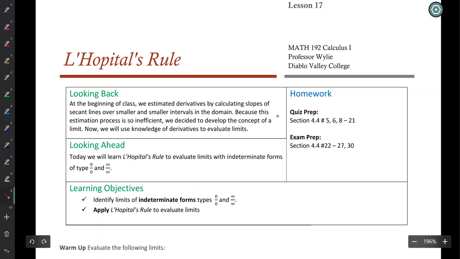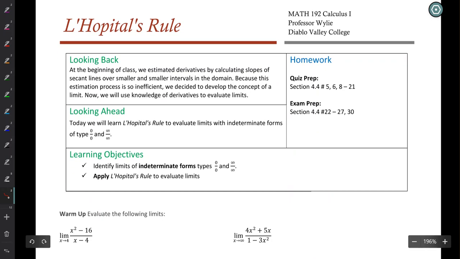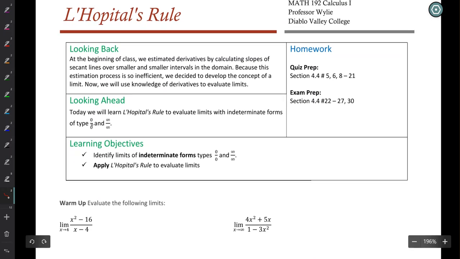Now that we have derivatives, though, we're going to apply our knowledge of derivatives to evaluate limits. We're going to evaluate limits of two different forms. Remember, if you just plug in with your direct substitution and you get away with it, you've evaluated that limit because that function was continuous at that point. But if you plug in and you get a 0 in the numerator and a 0 in the denominator, there's work that needs to be done.